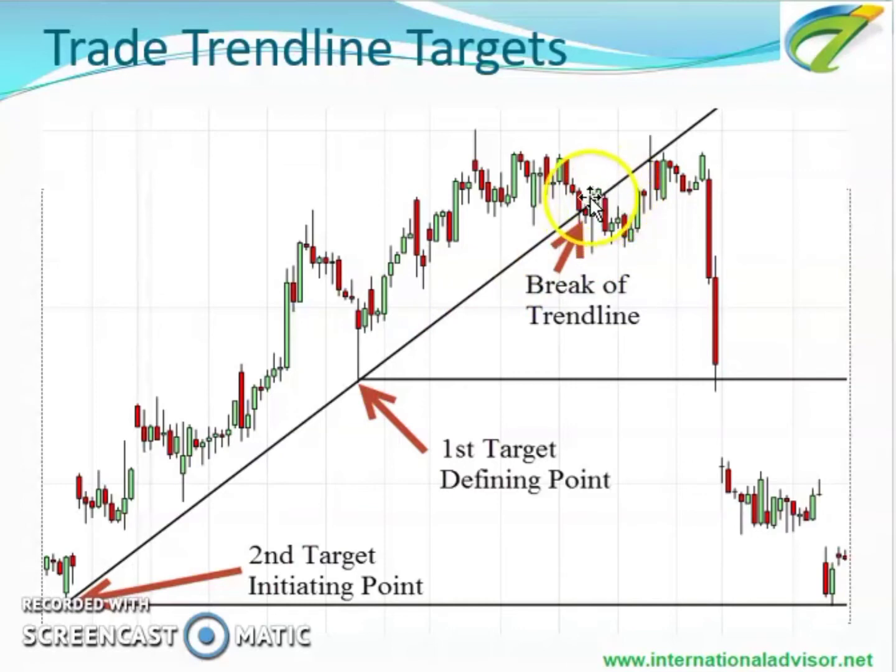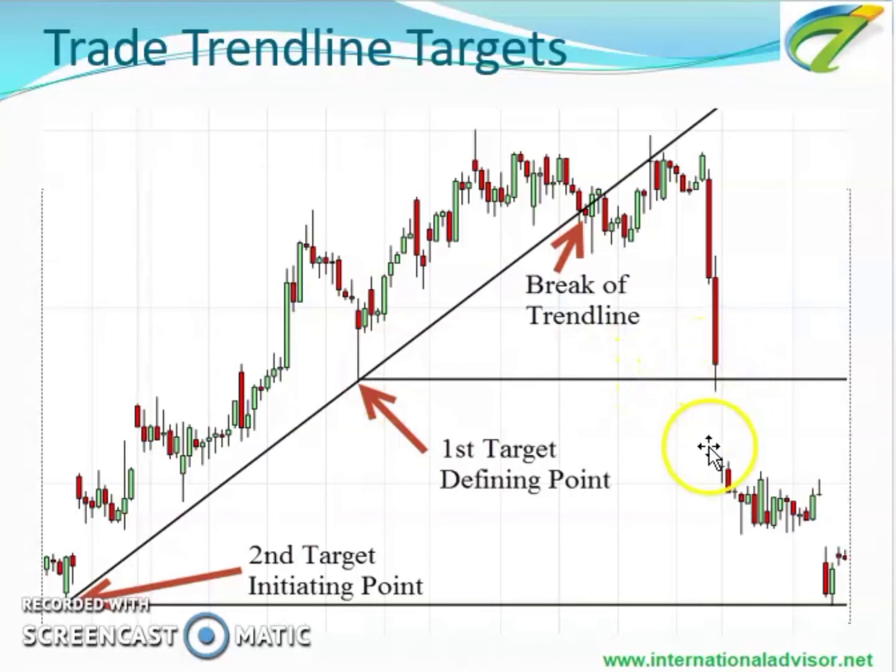And then again it convincingly tested and made a piercing pattern and closed down, and then this shooting star, and then started coming down. So this was the first target, being the defining point, which is met.